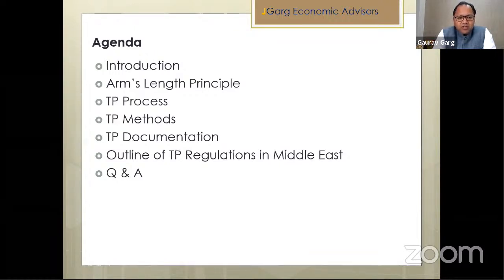And then certainly transfer pricing documentation, where we have 3-tier transfer pricing documentation. So I would be discussing broadly about all 3 types of transfer pricing documentation. Then a broad discussion on the current setup of TP regulation in different Middle East countries. And towards the end, we would be taking up questions and answers.